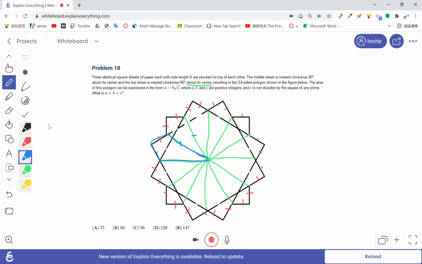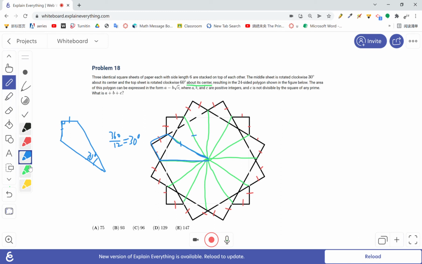So let's just draw the single kite for now. We can see that this angle is 30 degrees because we have 12 identical angles at the center, which is equal to 360 over 12. So now we want to find this length, because they're equal.